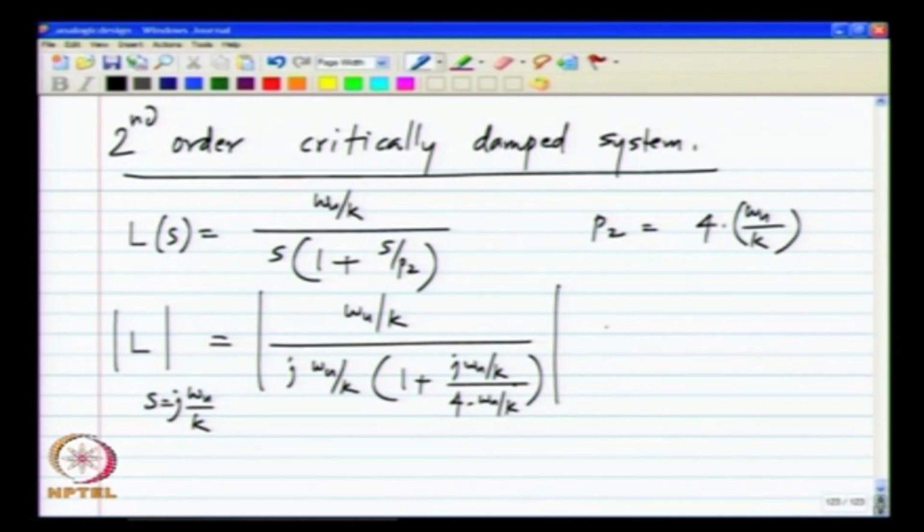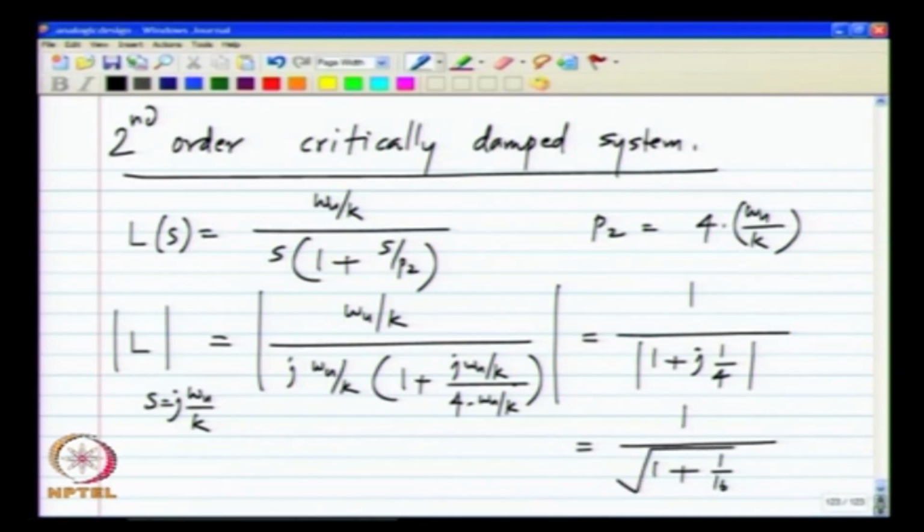Okay. So, basically this is the magnitude of 1 by 1 plus j 1/4, okay, which is 1 by the square root of 1 plus 1/16. And like I said, you can calculate exactly where the magnitude of L goes to 1, but it is obvious that this number itself is rather close to 1. It is slightly less than 1, but it is close to 1.